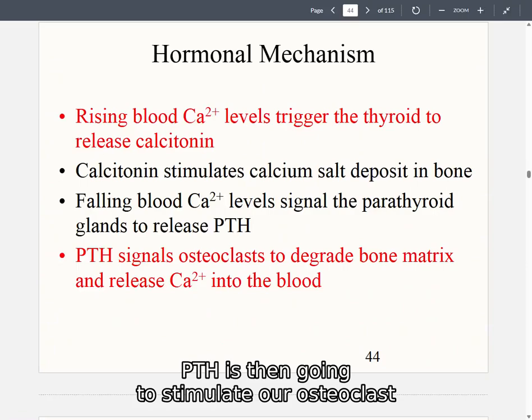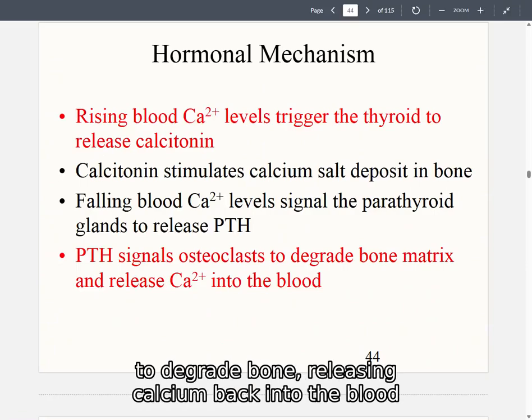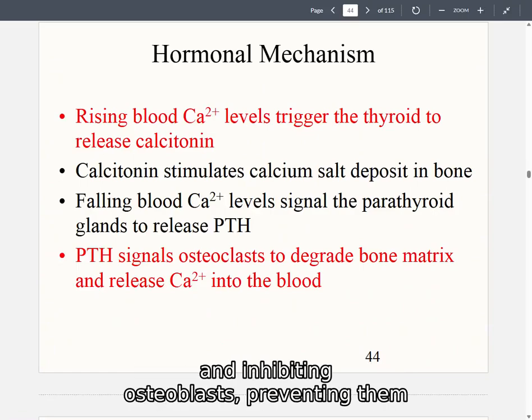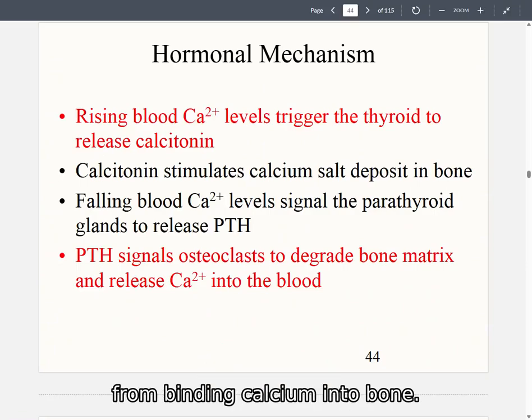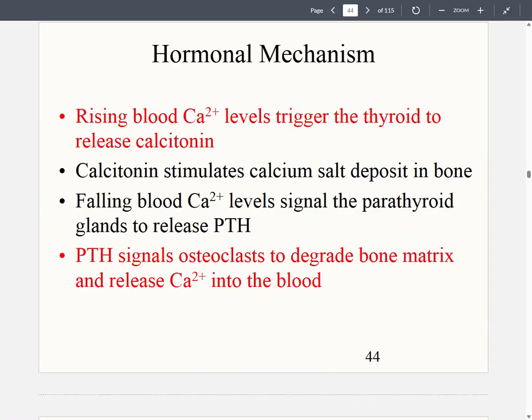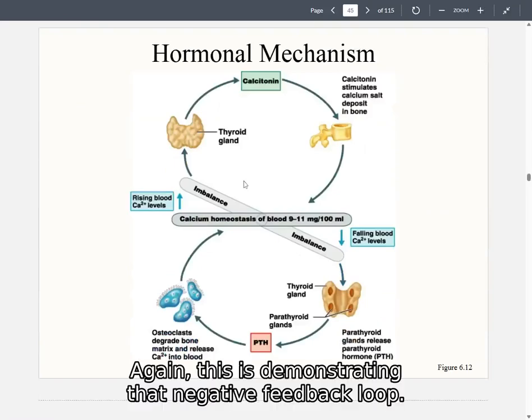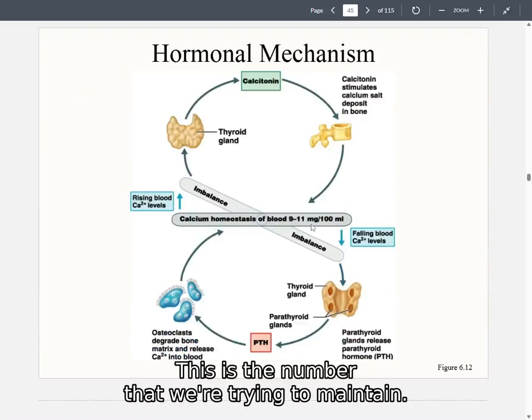PTH is then going to stimulate our osteoclasts to degrade bone, releasing calcium back into the blood and inhibiting osteoblasts, preventing them from binding bone or calcium into bone. And again, this is demonstrating that negative feedback loop. And this is the number that we're trying to maintain.